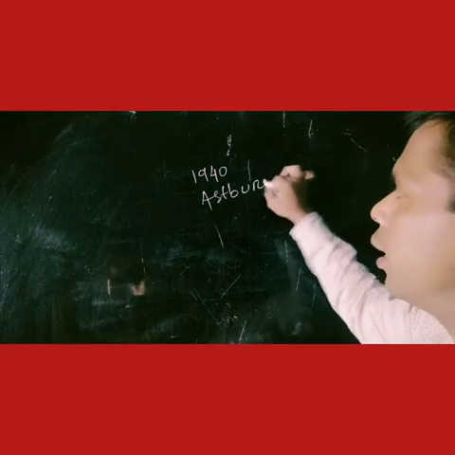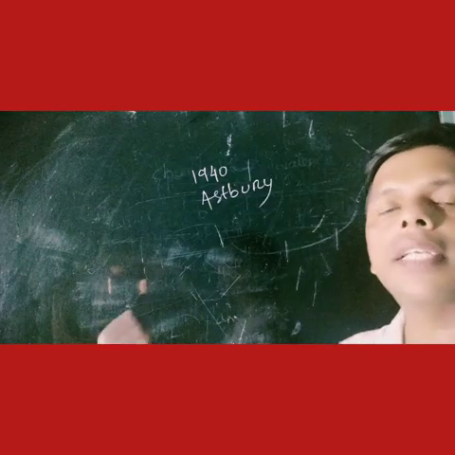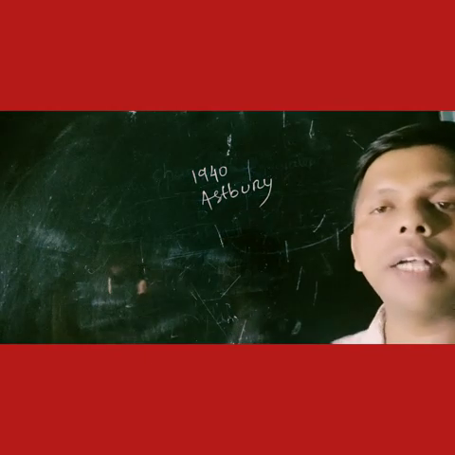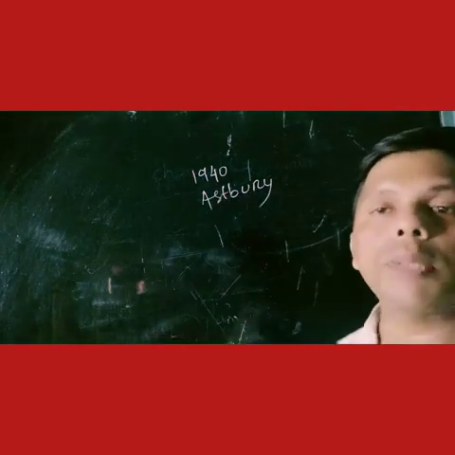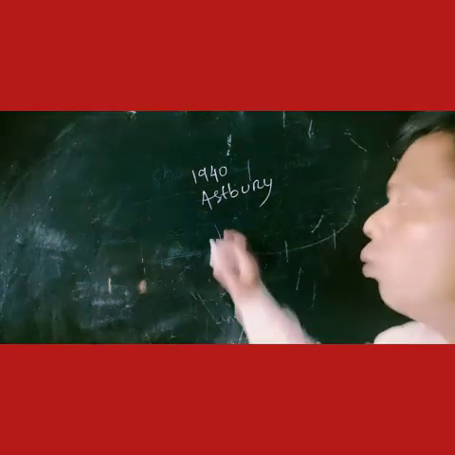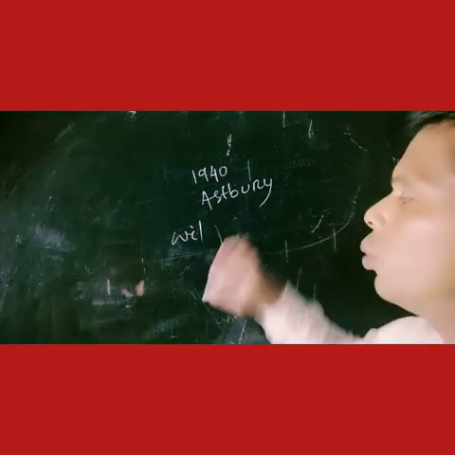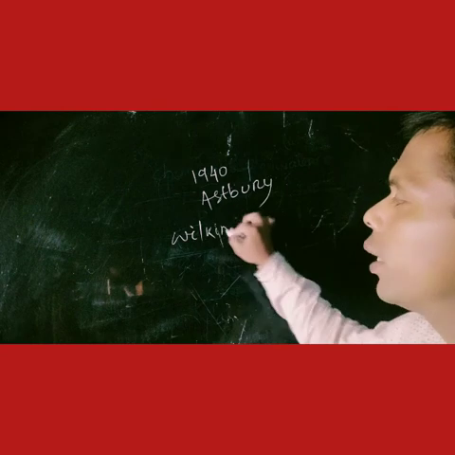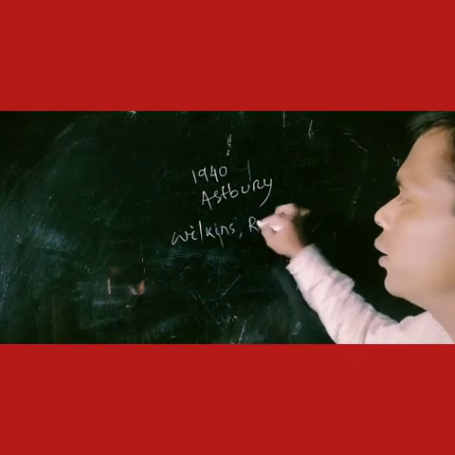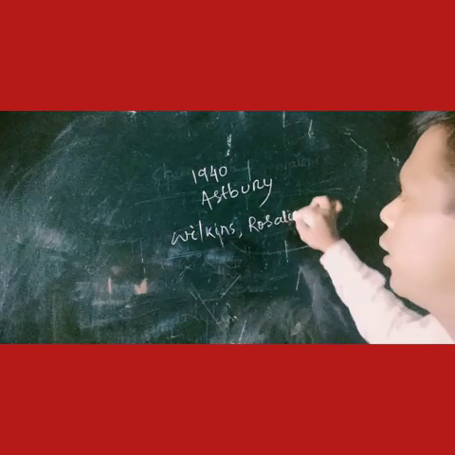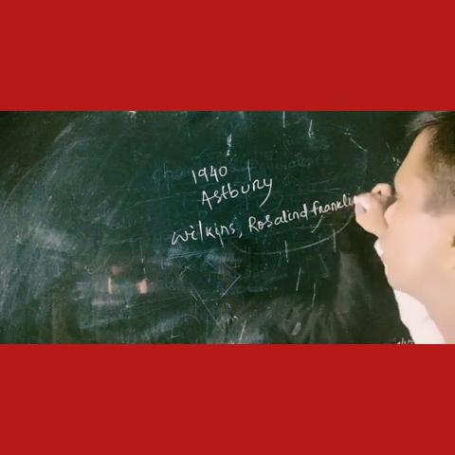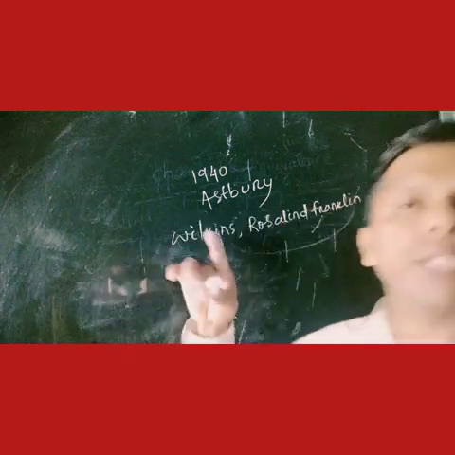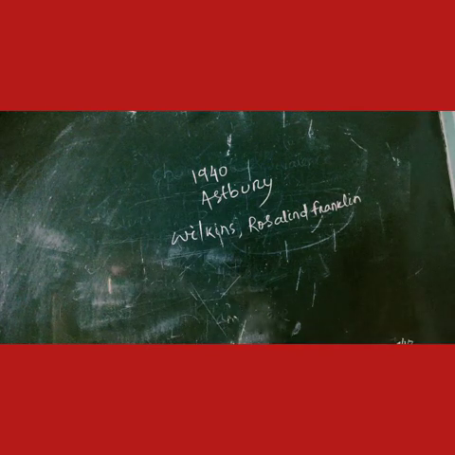Later, on the basis of this Astbury concept, Wilkins and Rosalind Franklin described the detailed structure of the 3-dimensional model of DNA.